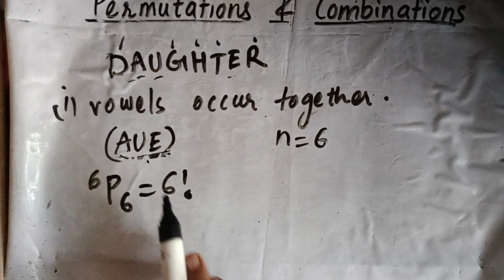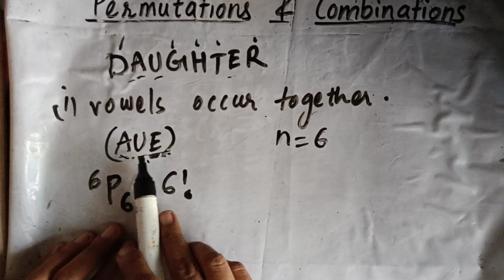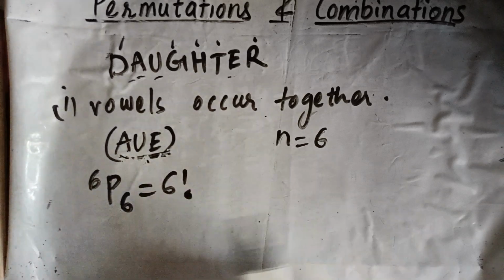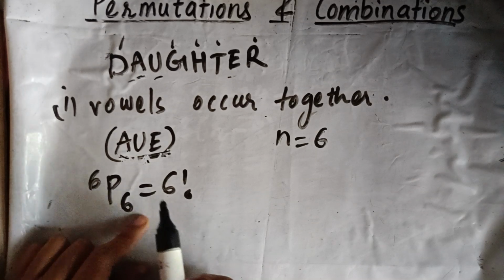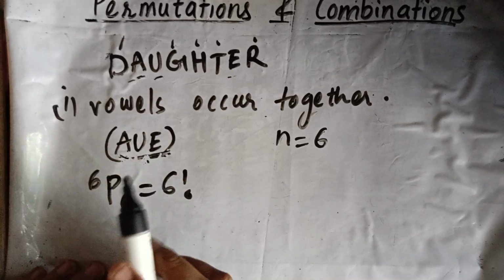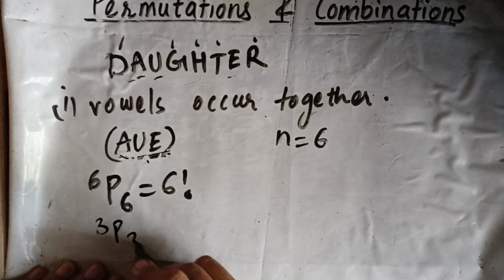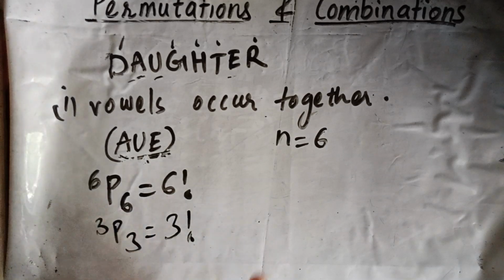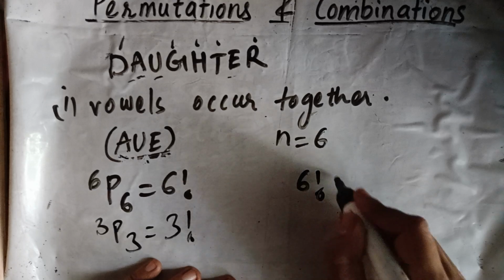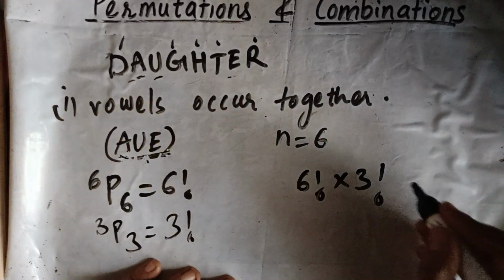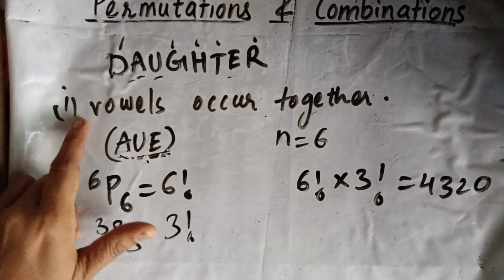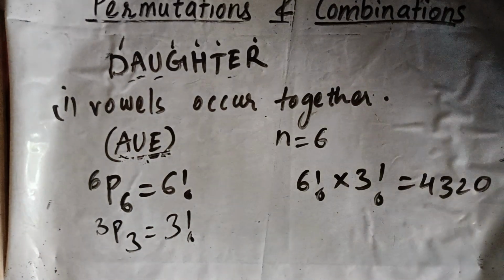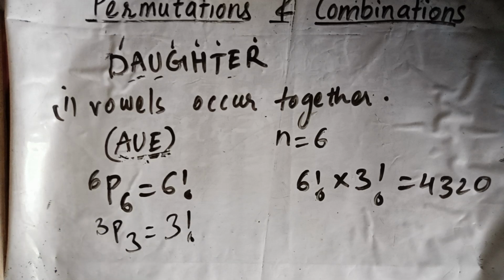So this event is followed by this event, and here we are making use of the multiplication principle, that is 6 factorial. Then the permutation of this will be 3P3, that is 3 factorial. So total will be 6 factorial into 3 factorial, that is 4320, when vowels occur together.